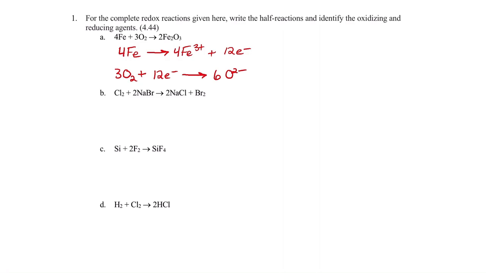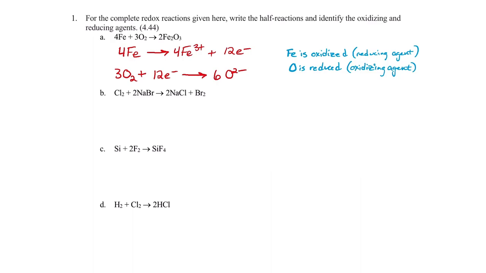Since iron is losing electrons, we say that it is oxidized. Oxygen gained electrons, it's reduced. If iron is oxidized, we would say it's the reducing agent, and oxygen is reduced, so it's the oxidizing agent. Again, we focus only on what's oxidized or reduced.